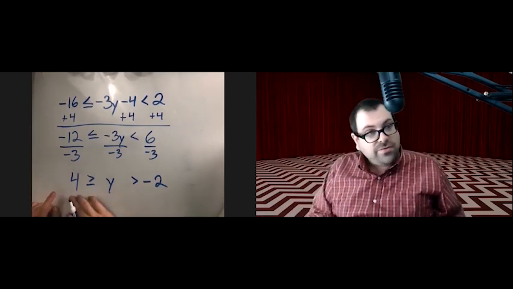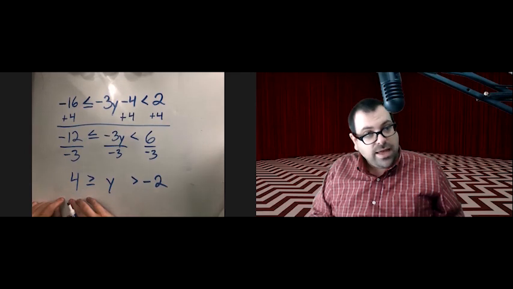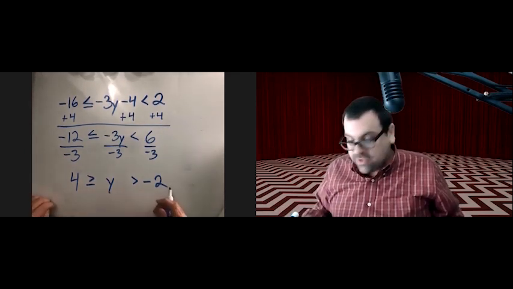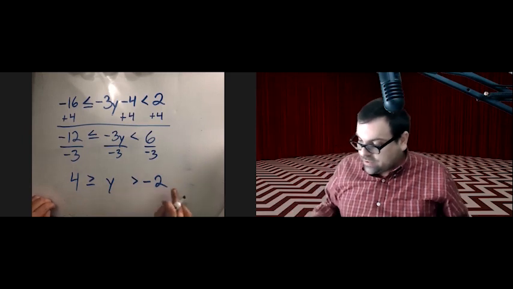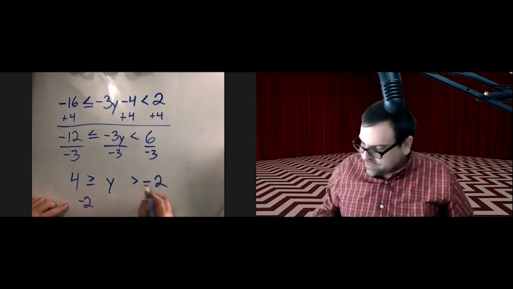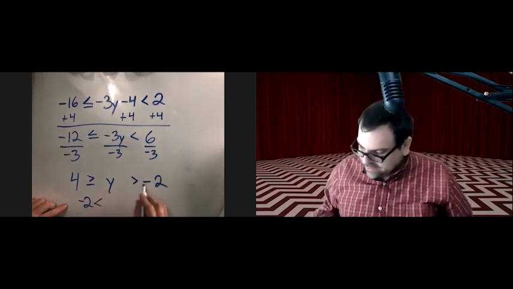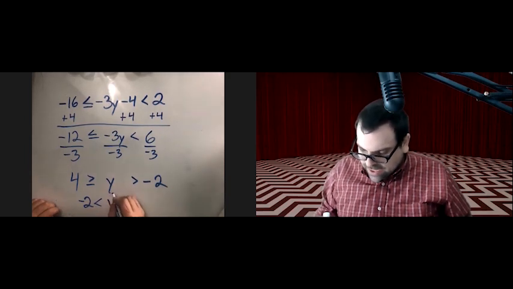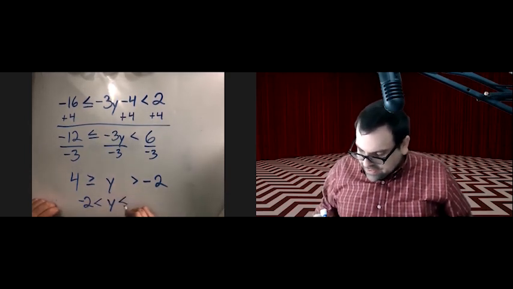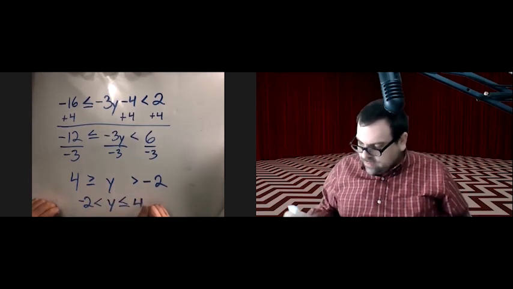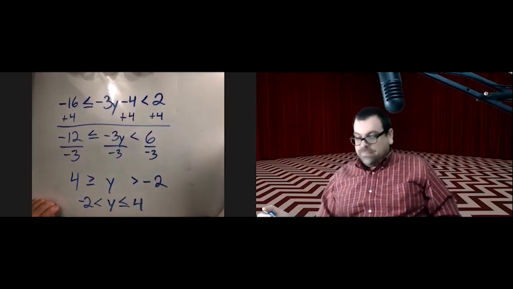We no longer have the least thing on the left with less thans. We want to switch everything around so we can have that. So copying it this way, we have our -2 first. The point goes towards the -2, big end towards the y. And then the less than or equal to points at the y with the big end having a 4.